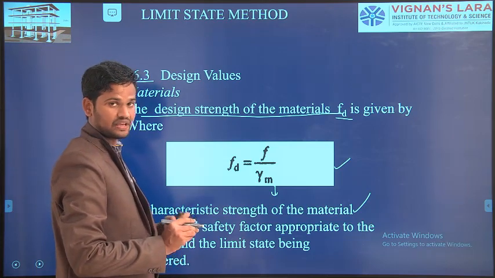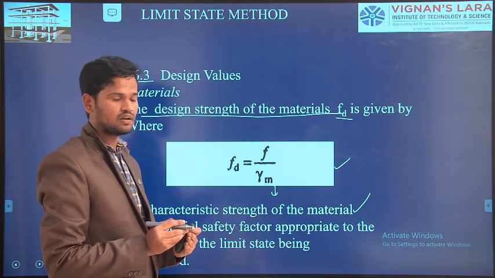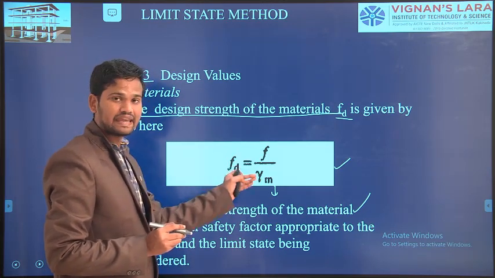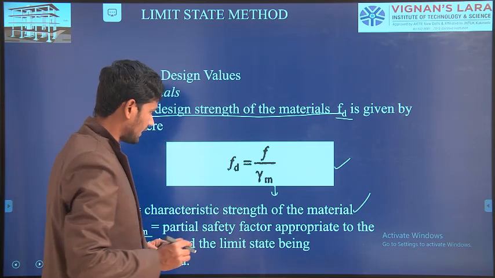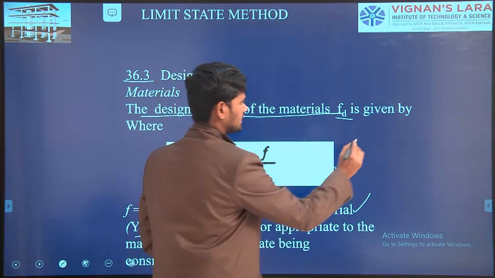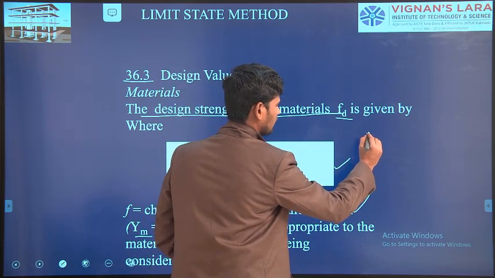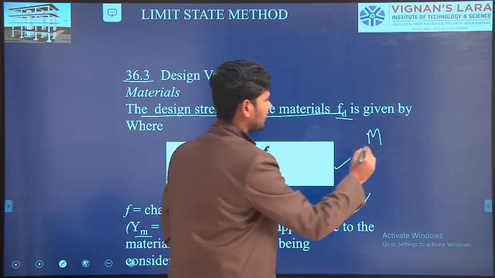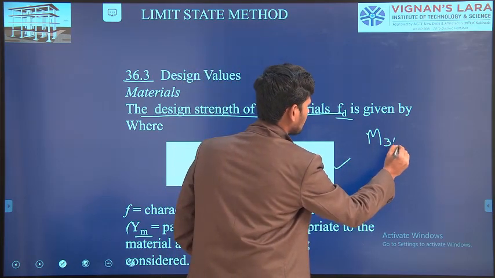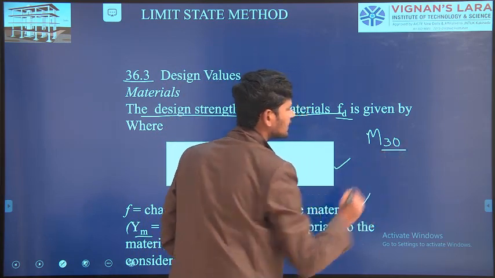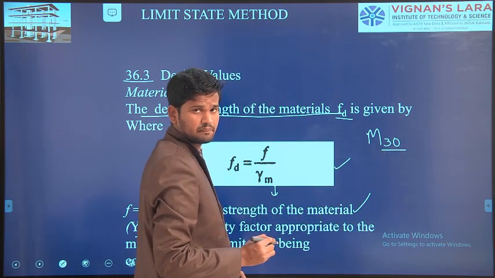While designing any type of structural member, we will take the characteristic strength as well as the partial safety factors. Characteristic strength we have already discussed. By using various ingredients of concrete, we make the concrete. In M30, 30 is the characteristic strength of the material.